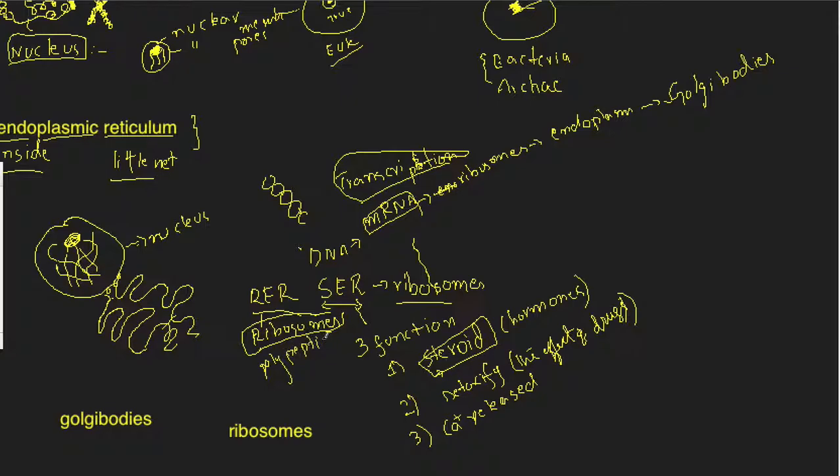Sometimes a carbohydrate molecule or a sugar molecule comes and attaches to the polypeptide chain when it is within these compartments, and then it converts into a glycoprotein, which is basically glucose and protein.